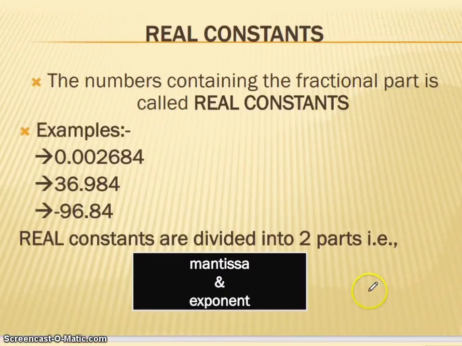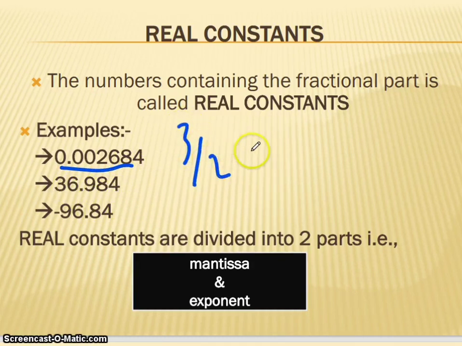Now real constants. What are real constants? The numbers that contain a fractional part are called real constants. Examples: 0.0026843 or 3 by 2 or 9 by 7.